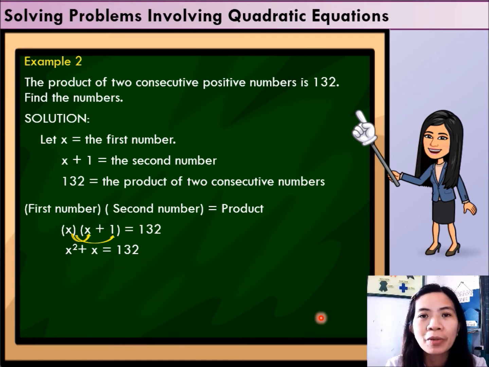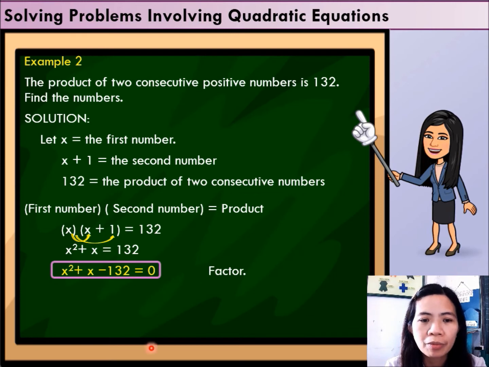Then again, we are going to transform this into standard form. So we are going to add both sides of the equation with negative 132. What happened to the right side? It becomes 0. So this is now our standard form, which is x squared plus x minus 132 equal to 0.